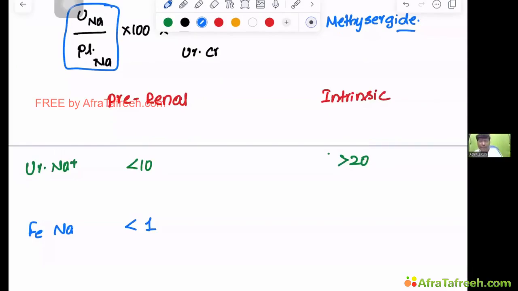So what will happen to urinary sodium in intrinsic renal? It is increased. So urine sodium will be more compared to the plasma sodium. So the ratio will be more than 1. So this is a very, very important parameter which will differentiate prerenal from intrinsic renal.